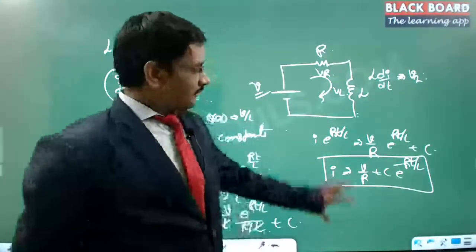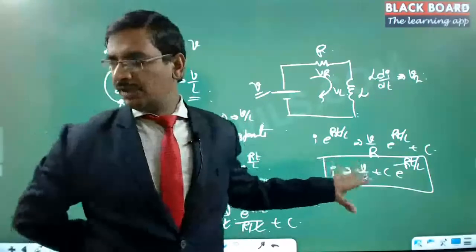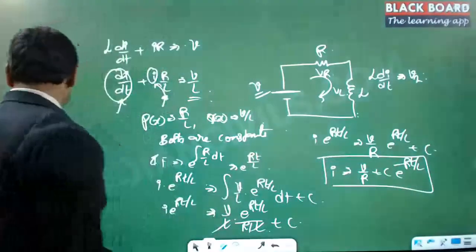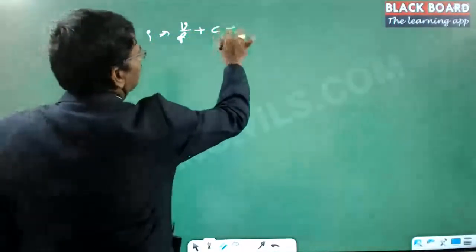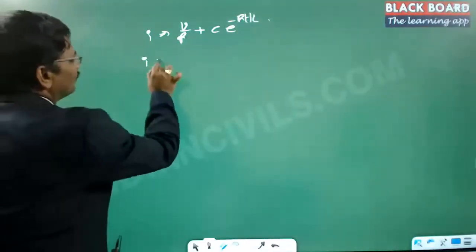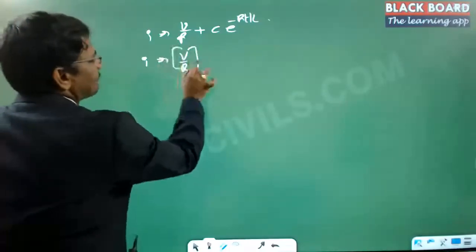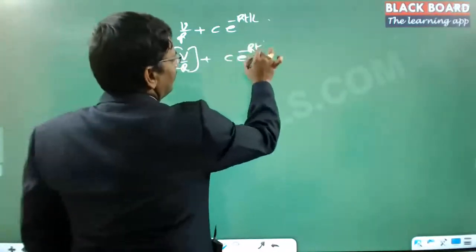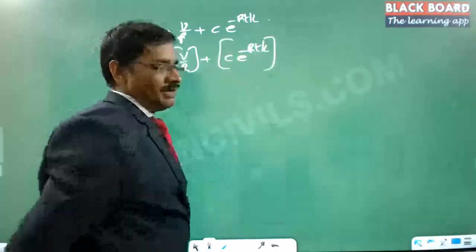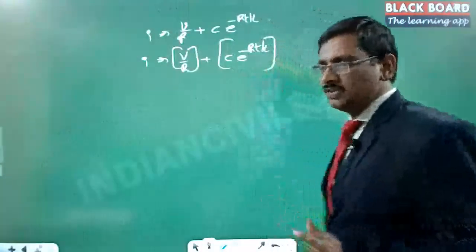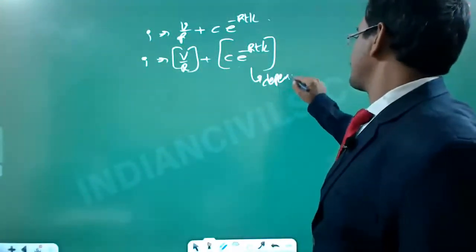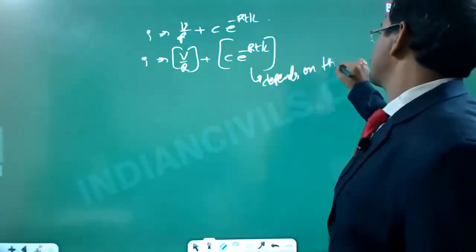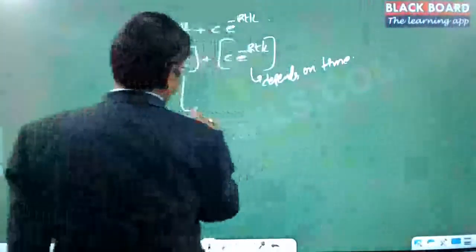Now if you notice this solution carefully, I'll rewrite it: I equals V by R plus C e power minus Rt by L. If I separate V by R and C e power minus Rt by L, there is one portion of the solution which depends on time, and another portion which is independent of time.